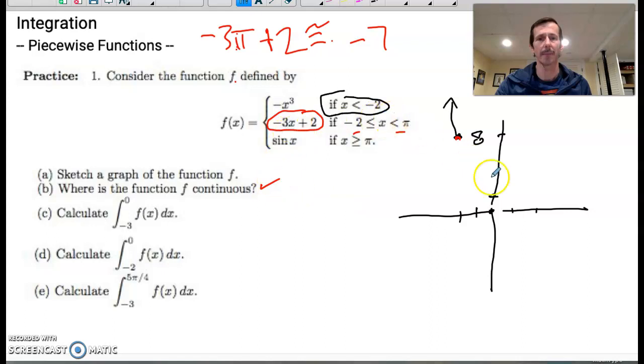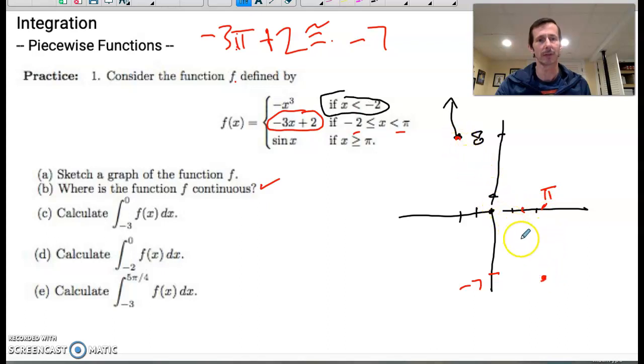So when I'm at pi, which again, if I go 1, 2, 3, pi is somewhere around here, I would be at about -7. So again, I'm not going to make the most perfect graph here, but at pi it'd be about -7.